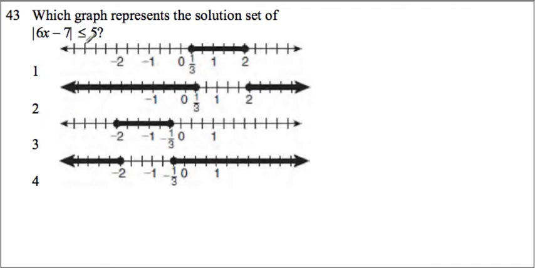Number 53 and 43. So here, what can we do? By definition, we can do this one quite easily. If you just divide everything by 6, then what we end up getting is absolute value of x minus 7 over 6, which is less than or equal to 5 over 6.